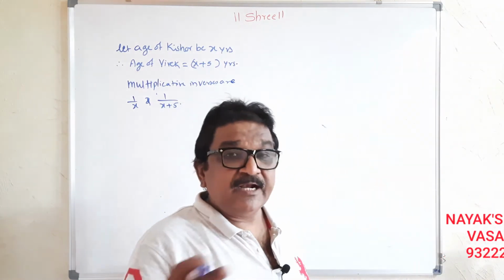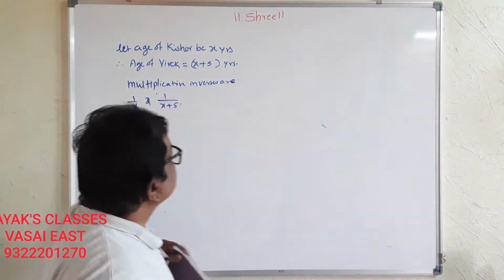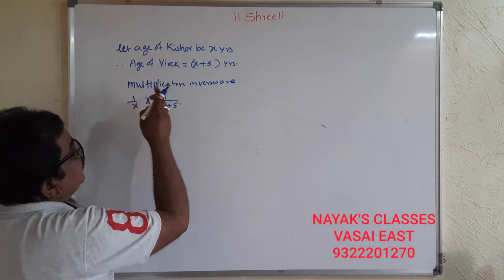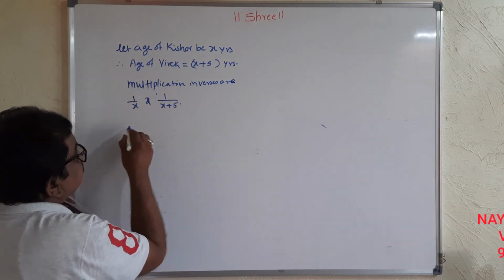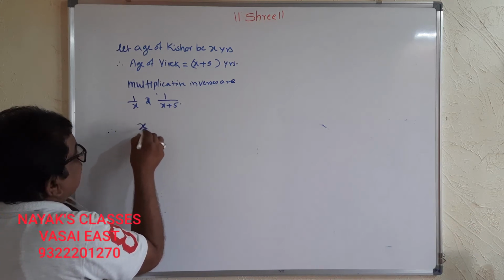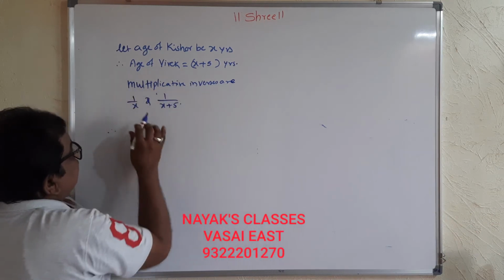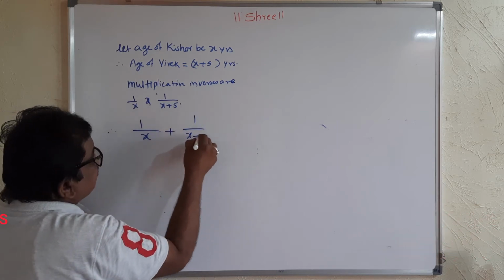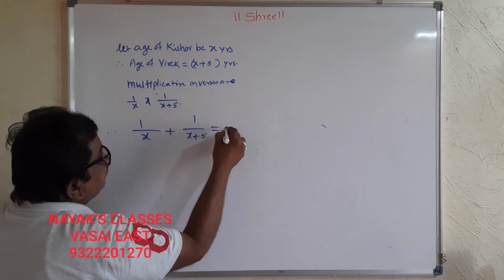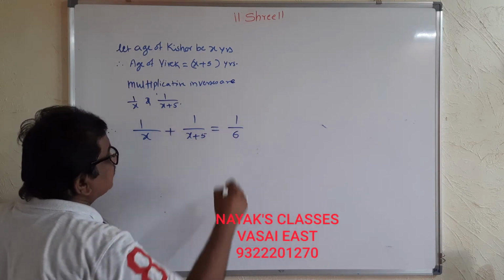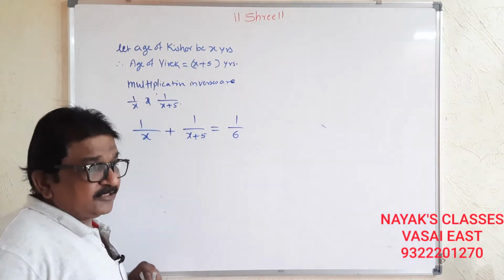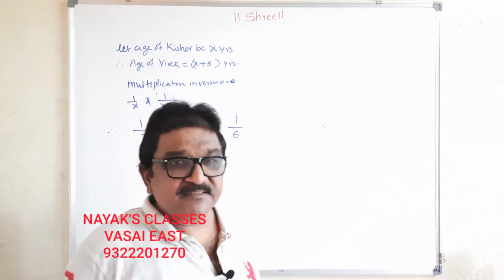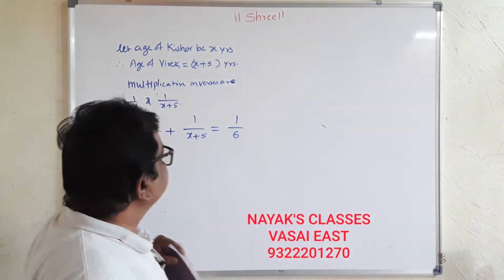Now the addition of these two numbers, the addition of multiplicative inverses, therefore 1 upon x plus 1 upon x plus 5 is equal to, they say, 1 upon 6. As per the condition, the sum of their multiplicative inverses is 1 upon 6.